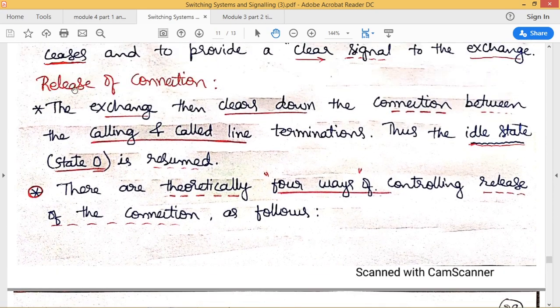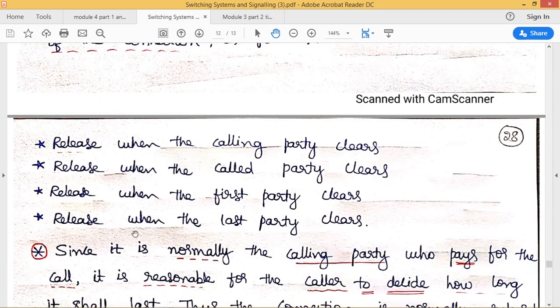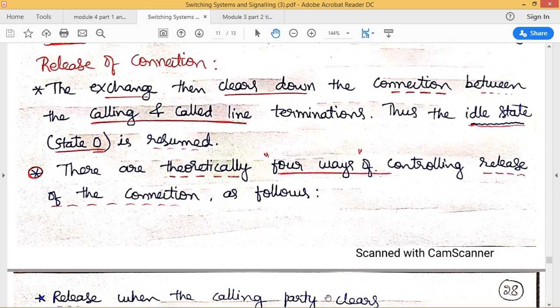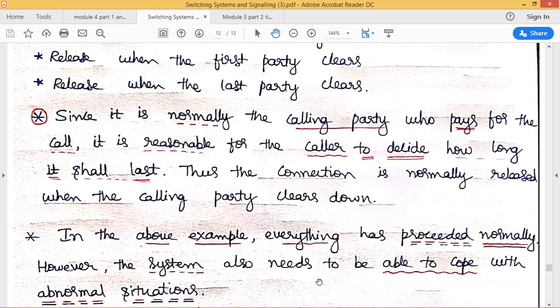That means release of connection will be done. Similarly, release when the last party clears. When the last party clears, it means at the last, 2 persons will be in conversation. When the last party clears, then also release of connection will take place.